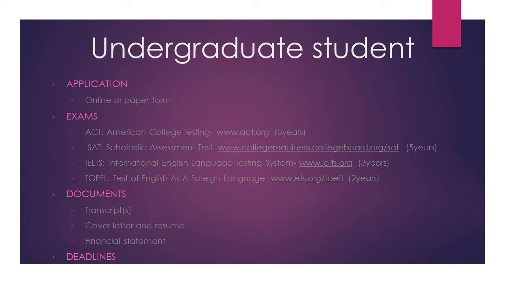So the two exams that you write to prove that are IELTS, International English Language Testing System exam, or the TOEFL, Test of English as a Foreign Language. IELTS is valid for 3 years. TOEFL is valid for 2 years.